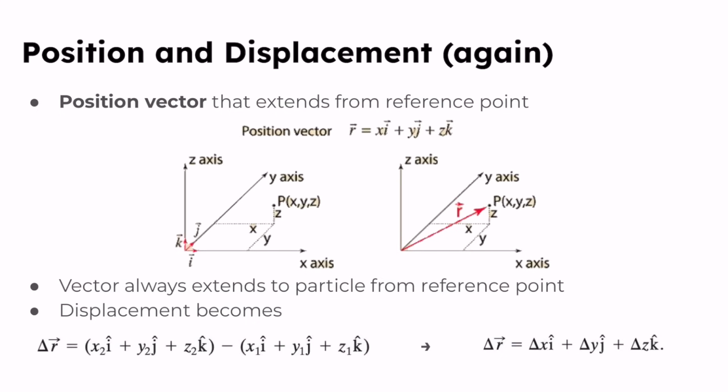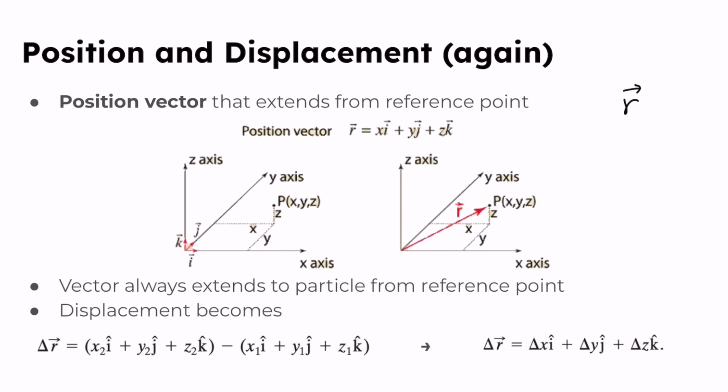Again, we're going to be talking about position and displacement. A general way of locating a particle is with a position vector, r with an arrow over it, which is basically a vector that extends from a certain reference point, which is usually the origin of an axis, to the particle in question.